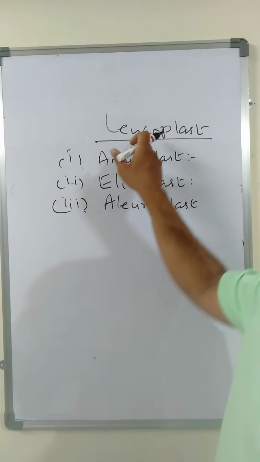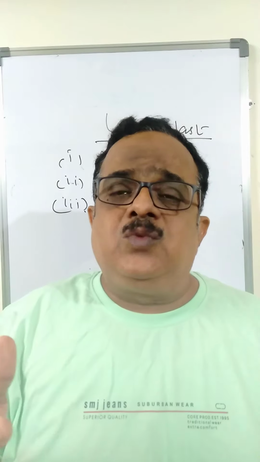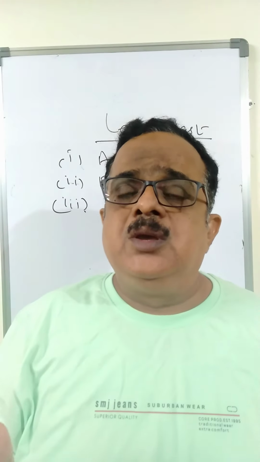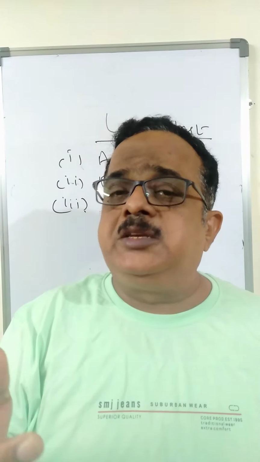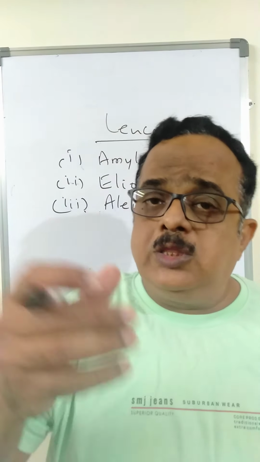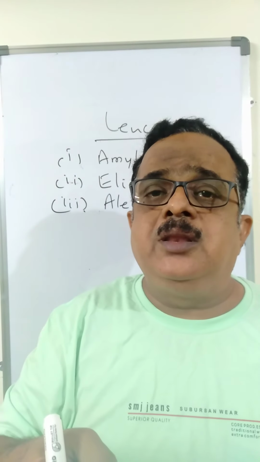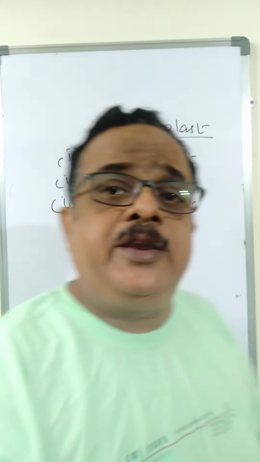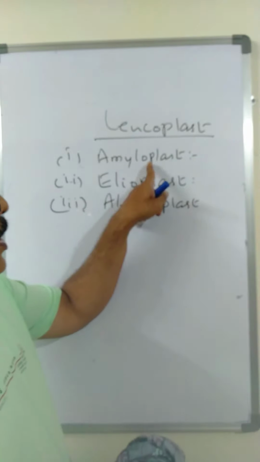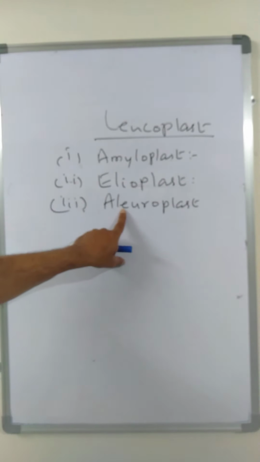Leucoplast is a colorless plastid, and its main function is to store different types of food material. On that basis it is further divided into amyloplast, elaioplast and aleuroplast.